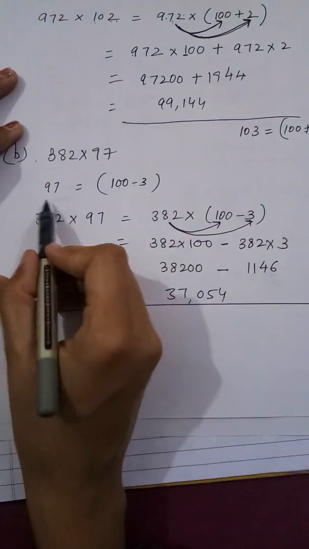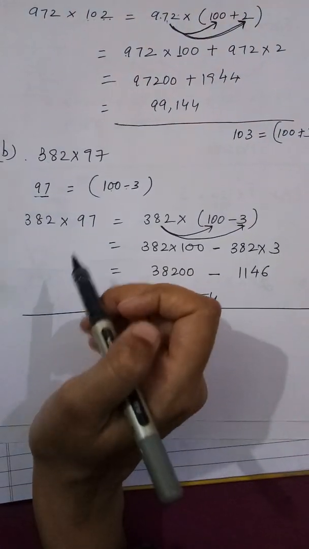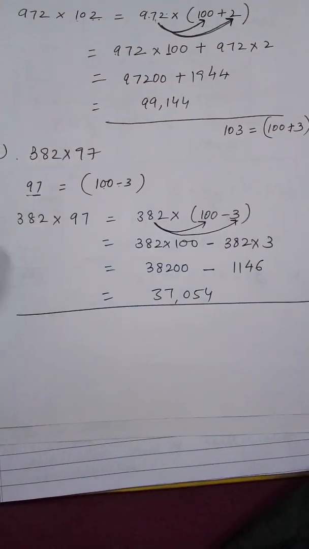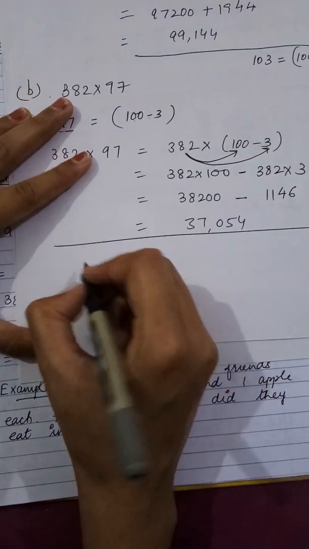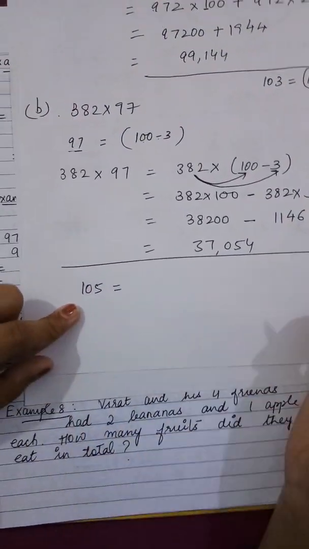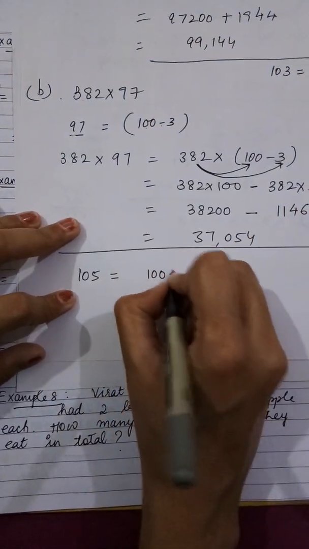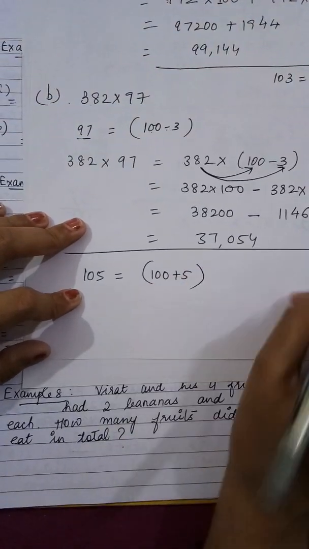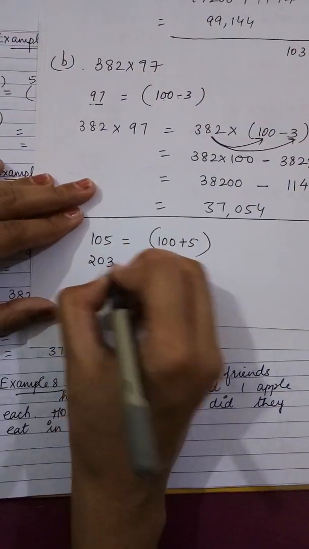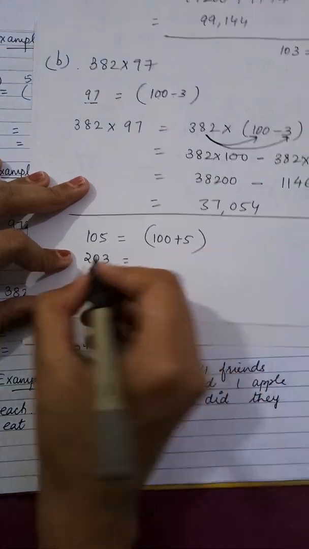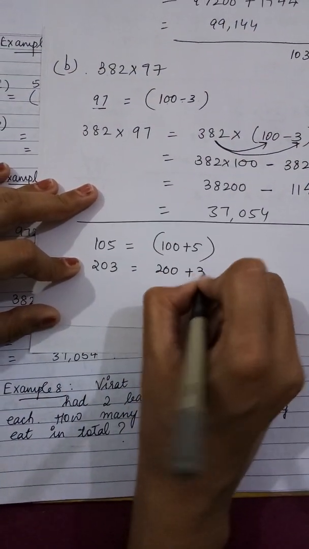Now it is very easy for you, but I know the main problem is how you are going to identify from what you have to subtract or what you have to add. Now see here, if I'm writing 105, how are you going to expand 105? 100 plus 5, you can expand it. If I'm writing 203, how are you going to expand it? 200 plus 3.